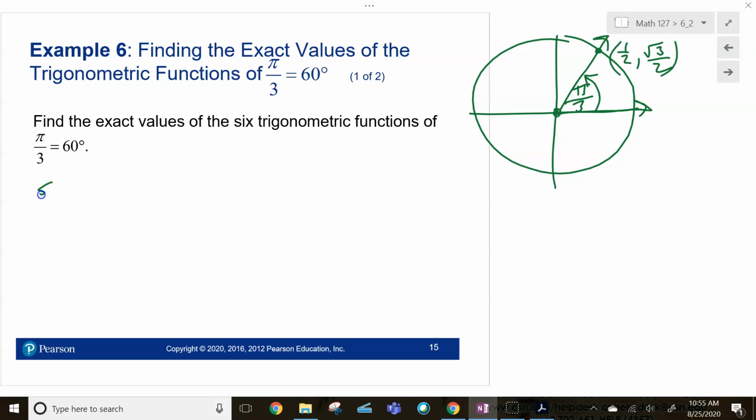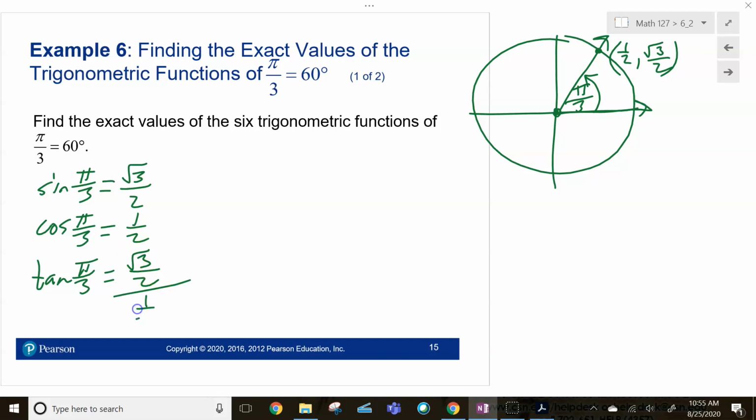Okay, so then you can do the same thing. Sine pi thirds, y value. Cosine pi thirds, x value. Tangent pi thirds, sine over cosine. Cosecant pi thirds, reciprocal of the sine, so 2 over root 3 or 2 root 3 over 3.